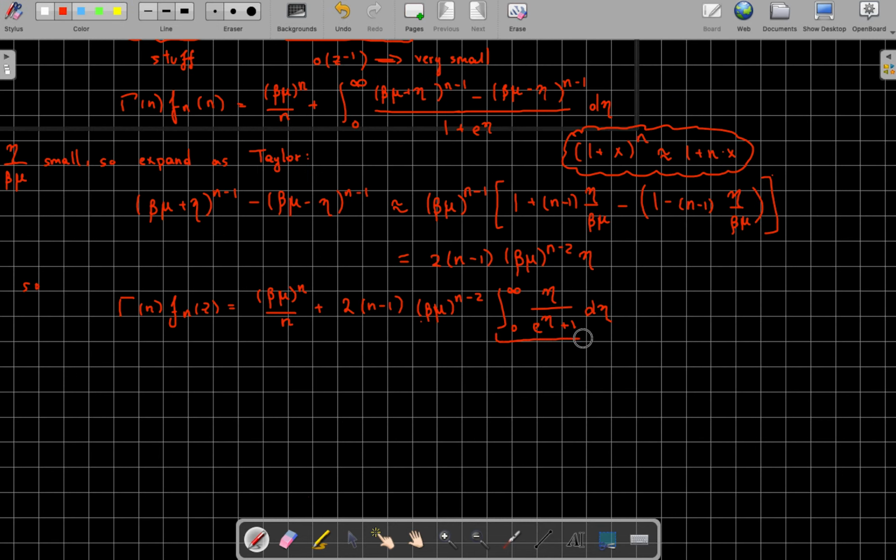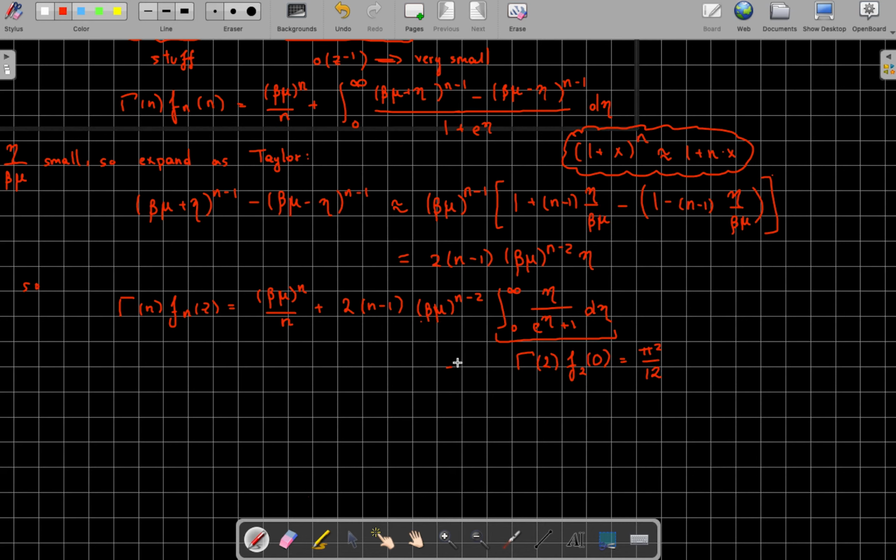Okay, but now we can recognize this integral right here as a Fermi-Dirac integral, right? This is gamma 2 times f2 of 0, and this is equal to pi squared over 12, okay?